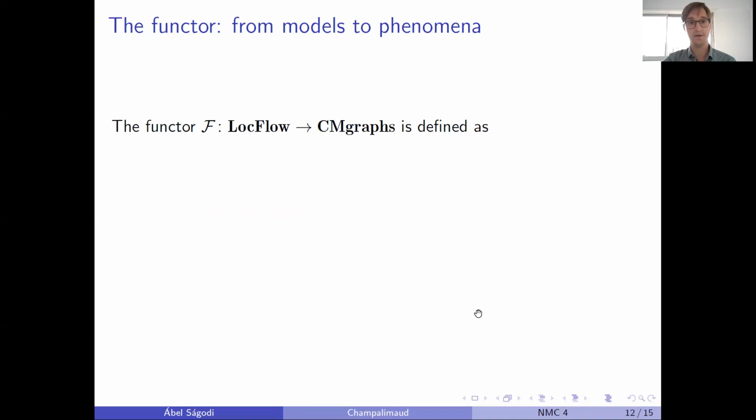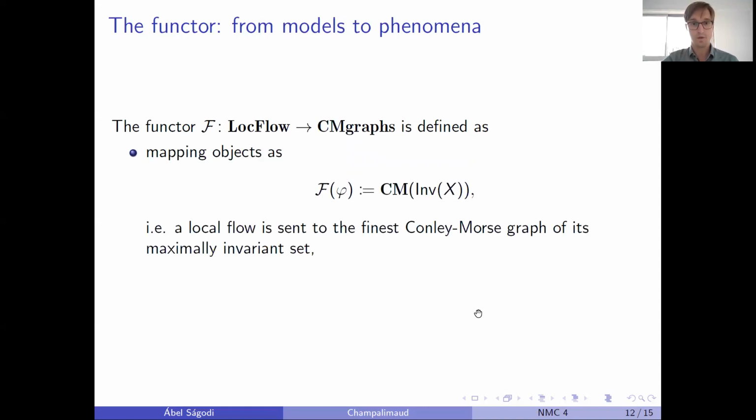And we can get from the models to the phenomena by defining a functor from the local flows to the Conley-Morse graphs, which gives the Conley-Morse graph of the maximally invariant set of the domain X of our local flow.